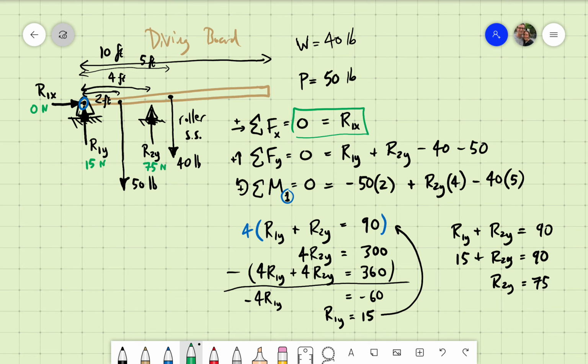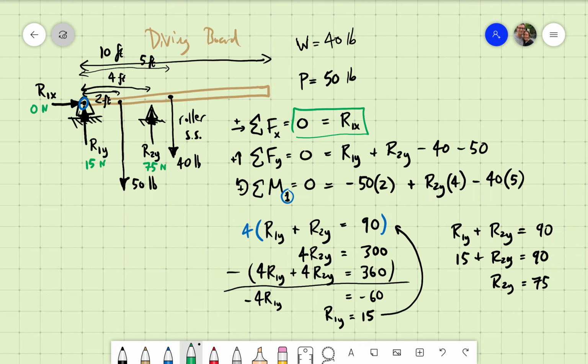75 newtons, okay? So there's 90 pounds of total downwards force, 50 plus 40, and between those two supports, the roller, the simple support, is actually taking almost all of it. And I guess that makes sense because the 50 and the 40 are kind of on either side of it.